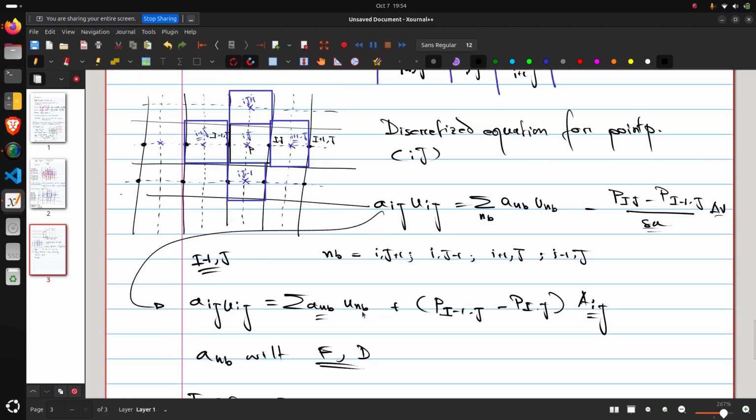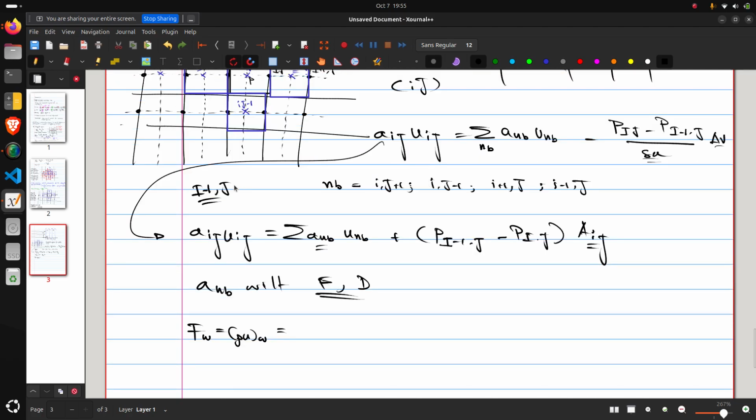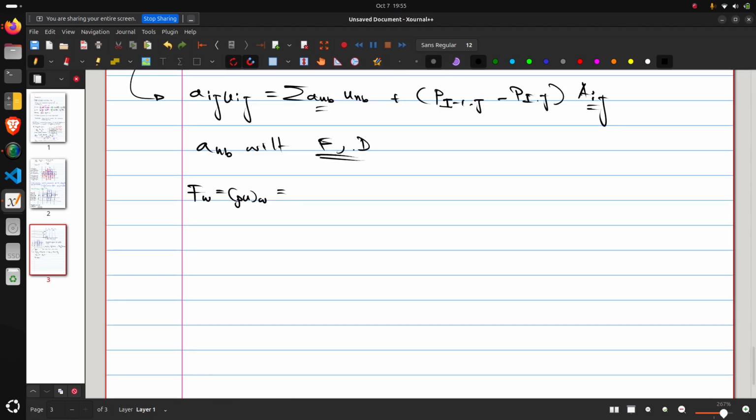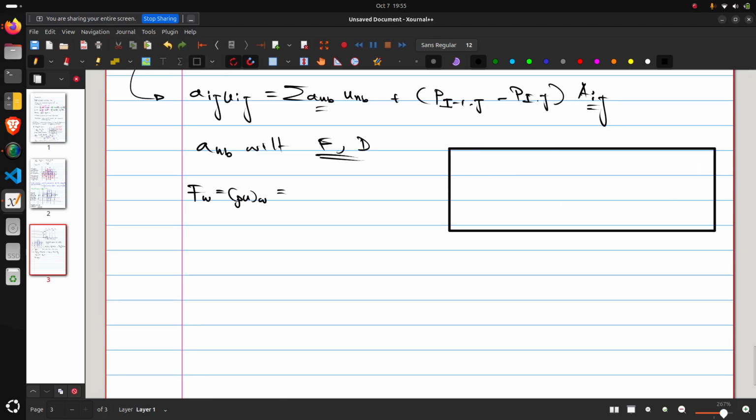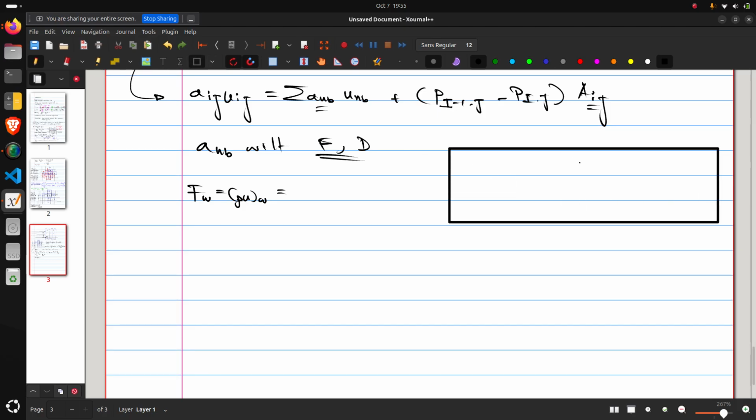Okay, so what is the west face here? I think I'll have to draw again. This is capital P, right? And let's write down the indices as well.